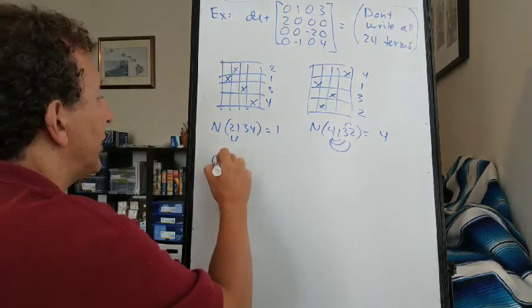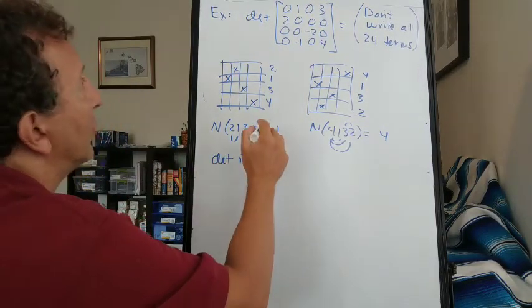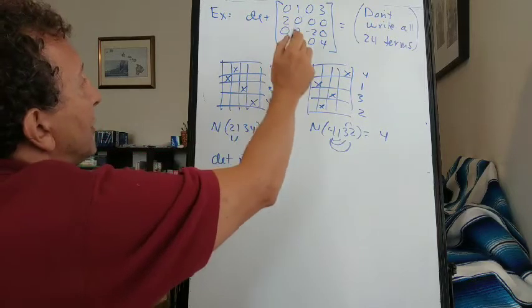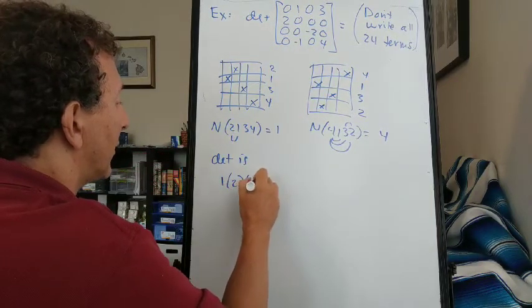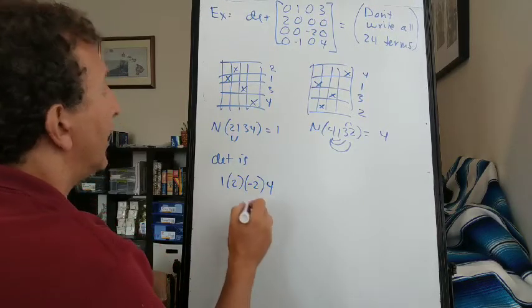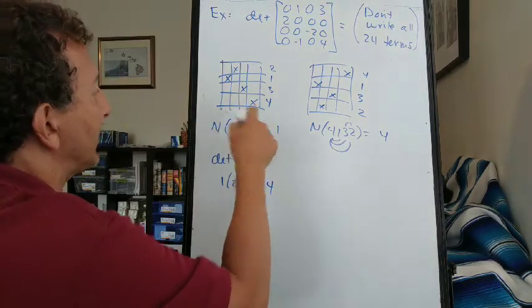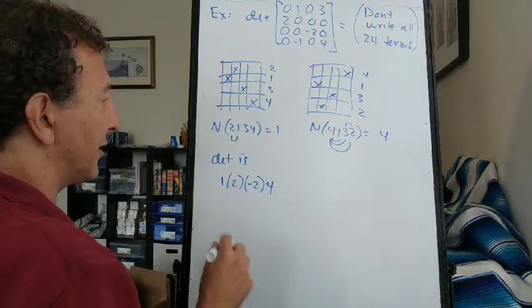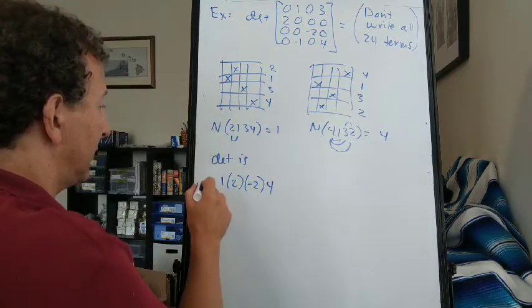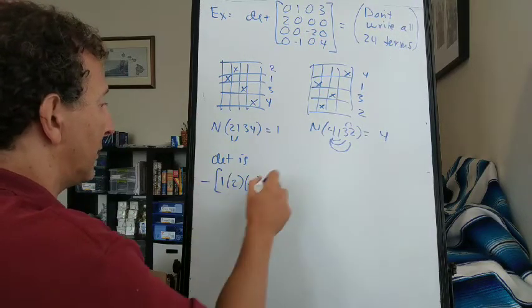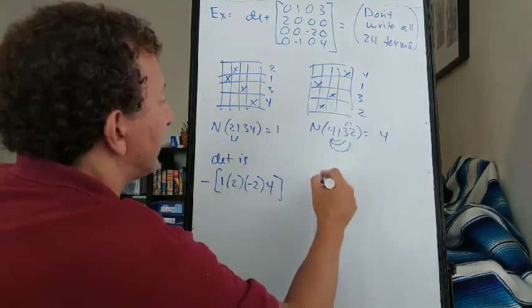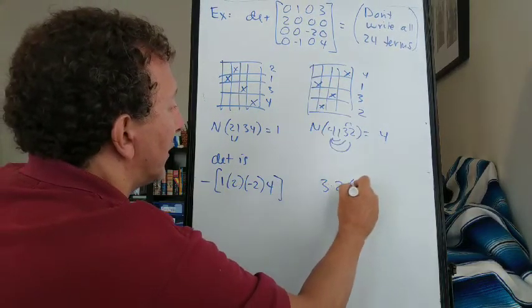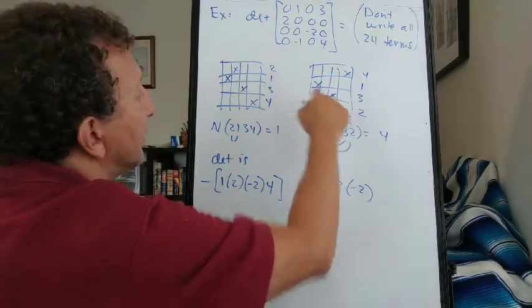So the determinant is, we'll have 1 times 2 times -2 times 4, and all of that with a minus sign, because -1 to the first power is negative. And then 3, 2, -2, -1.